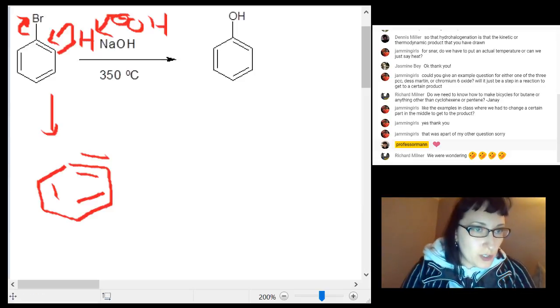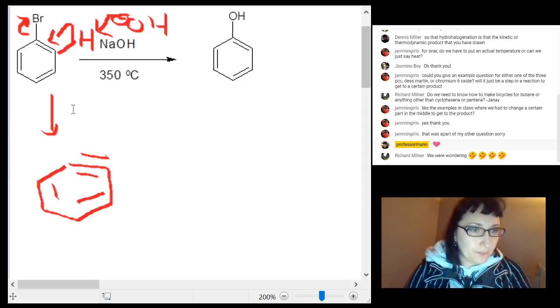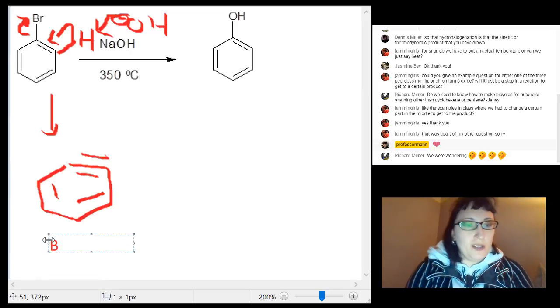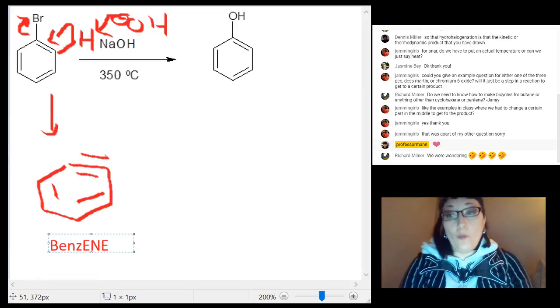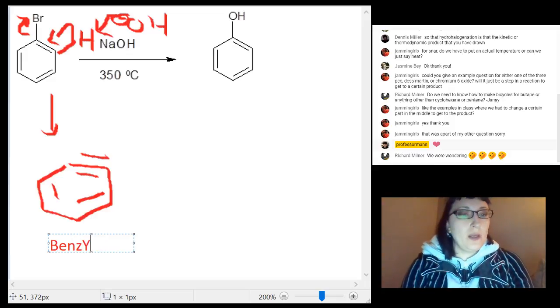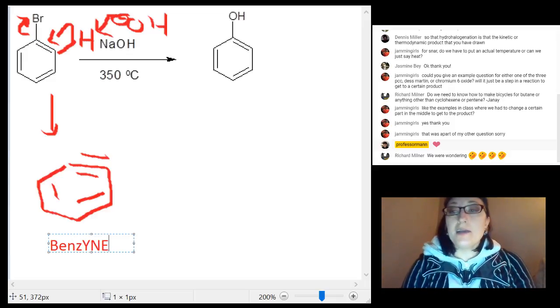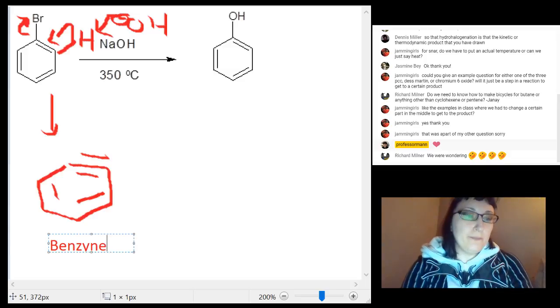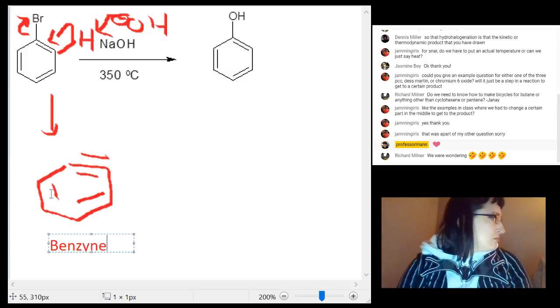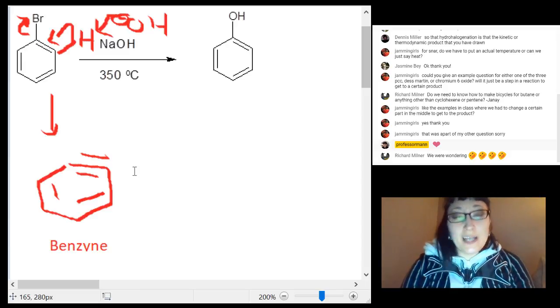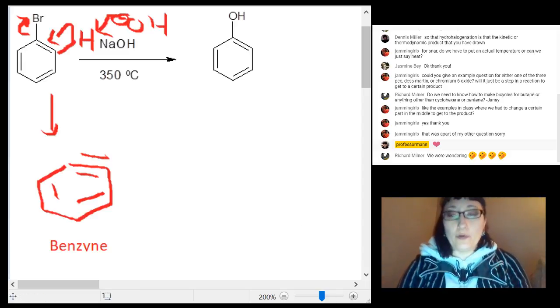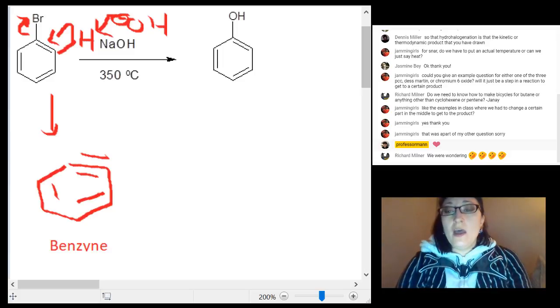And if you guys hopefully remember, so benzyne has a triple bond, so that's the benzyne structure. And then the benzyne structure is incredibly prone to nucleophilic attack.